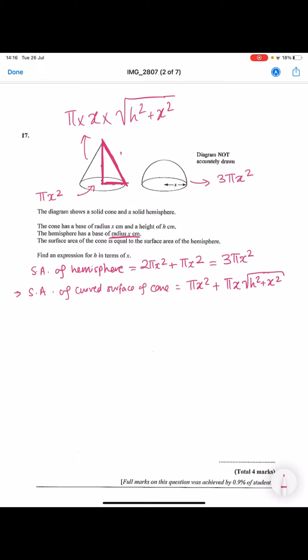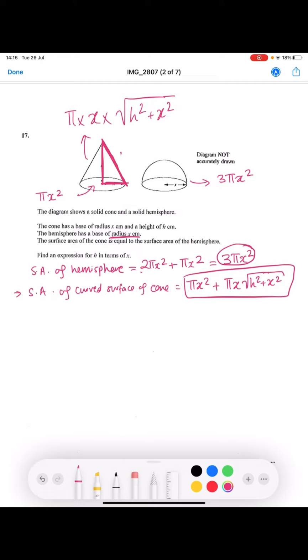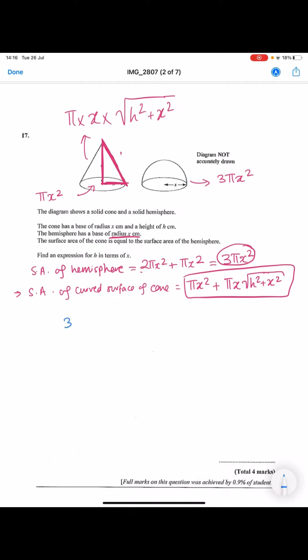Okay, now let's equate this surface area with this surface area. So 3 pi x squared equals pi x squared plus pi x square root of h squared plus x squared.